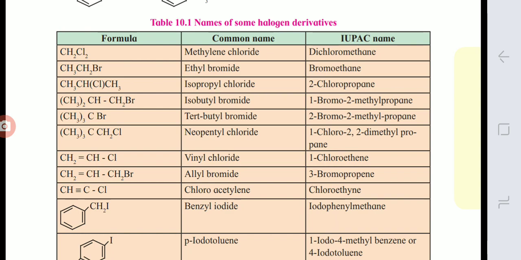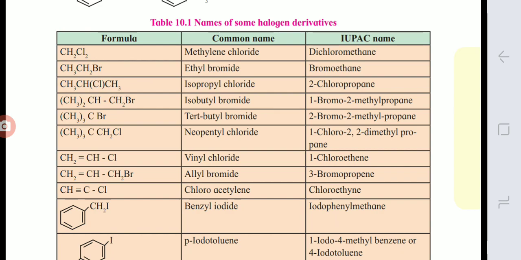In the next structure, there is a 2 carbon compound as the parent compound, so the parent alkane is ethane, and we replace the hydrogen from that carbon. So the alkyl group becomes CH3CH2. The name of the alkyl group is ethyl, and Br is the functional group.